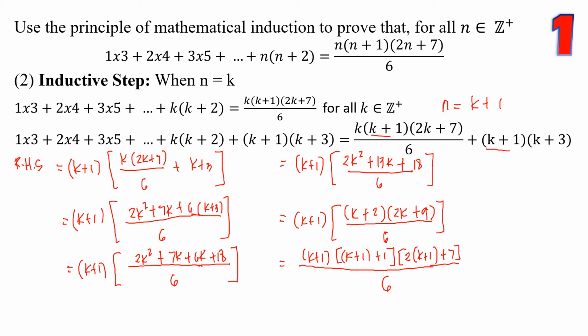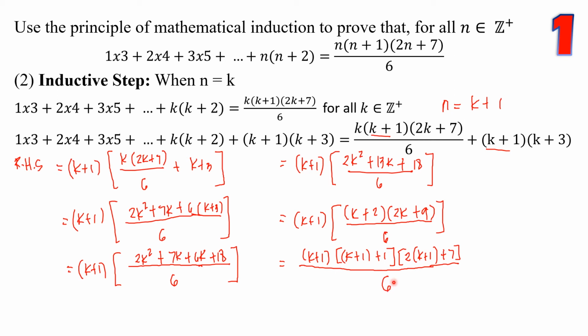Notice that the right-hand side of the original statement is n times n plus 1 times 2n plus 7 over 6. And this is the same statement when n is equal to k plus 1. See that we have k plus 1, that is n, k plus 1 plus 1, that is n plus 1. Also, 2 times k plus 1 plus 7, that is 2 times n plus 7, all over 6.